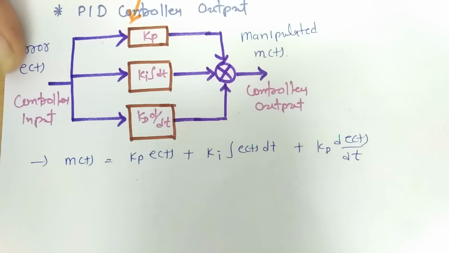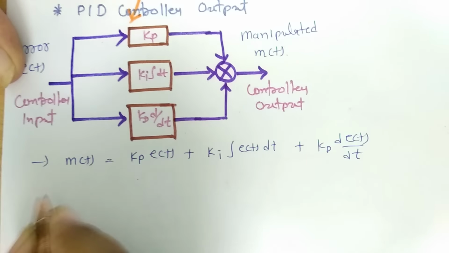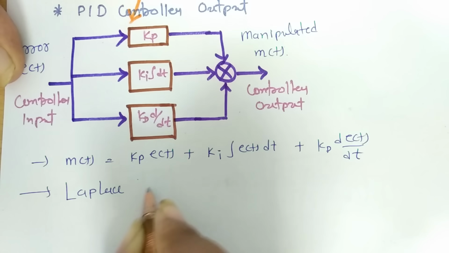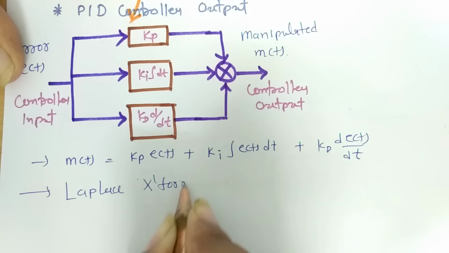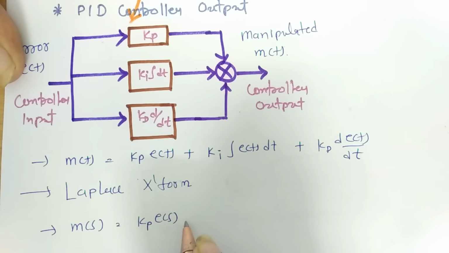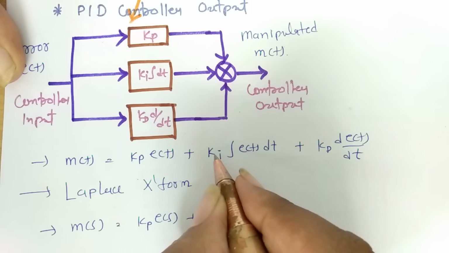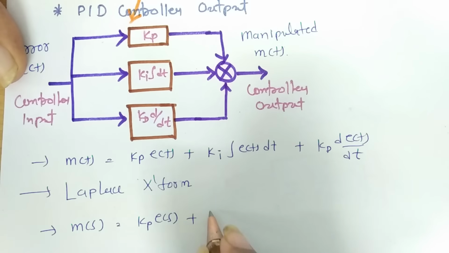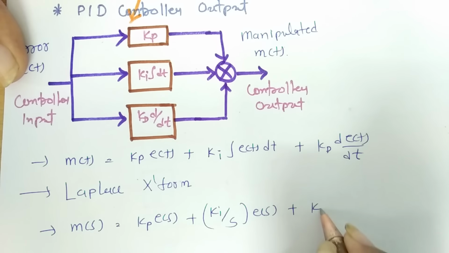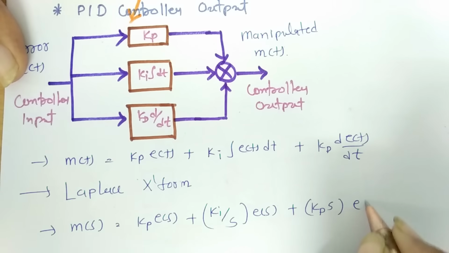Now to have this function in the S domain, let us take the Laplace transform. The Laplace transform will result in this signal in terms of the frequency domain, or you can say the S domain. So that is M(s) equals Kp into E(s), plus integration, which results in division by S, so this will be Ki by S into E(s), plus differentiation, which results in multiplication by S into E(s).